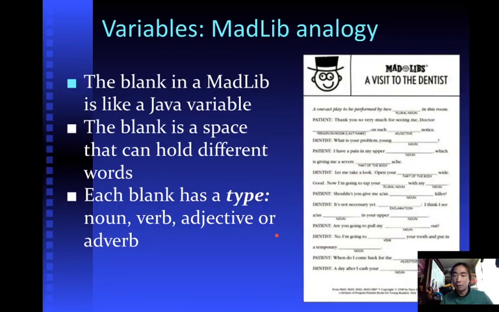Another analogy you can think about while working with variables is that programming language is similar to English. English we've been using for a really long time. In English, we have nouns, verbs, adjectives, and adverbs. They have a certain usage. They belong in certain places, and it's like a category.